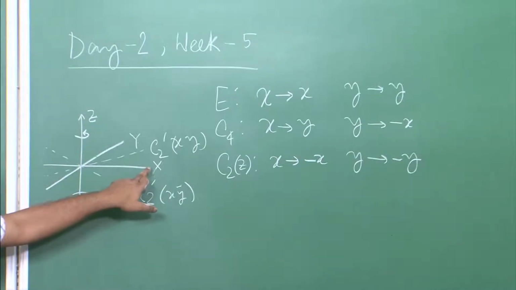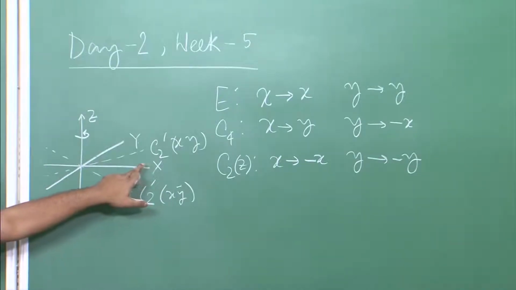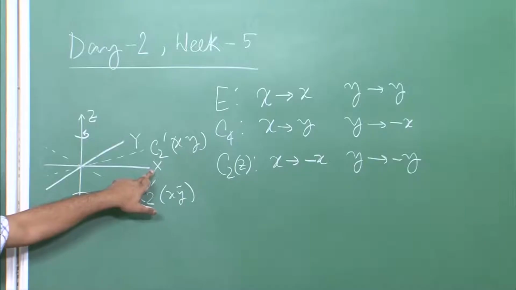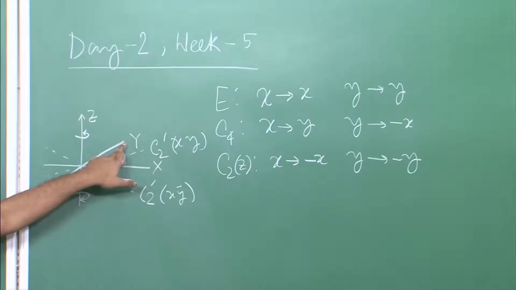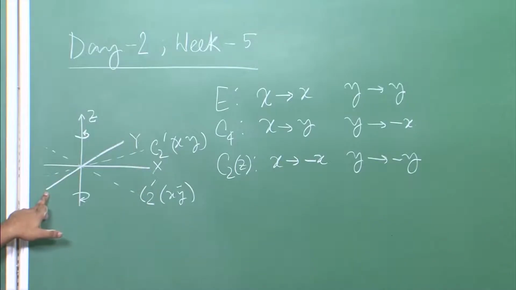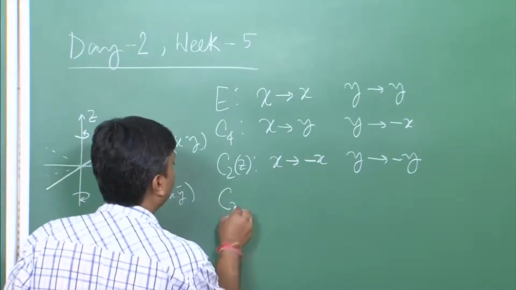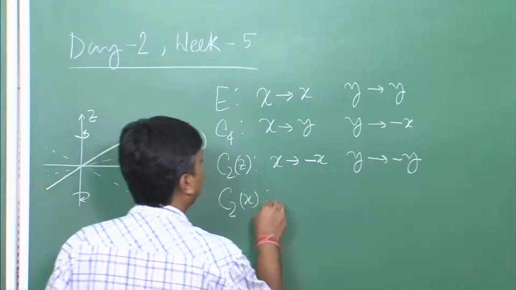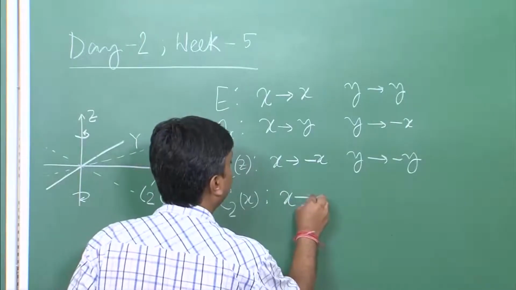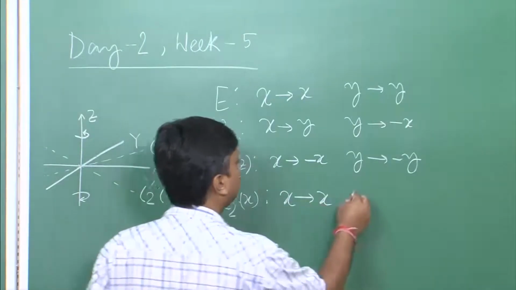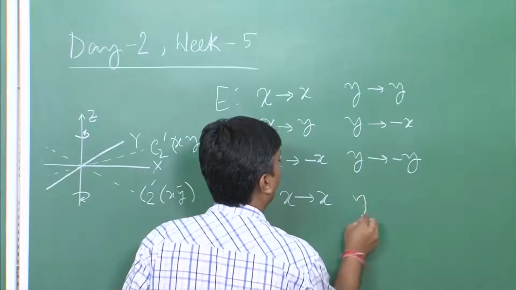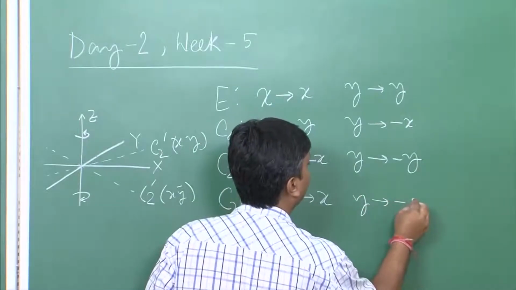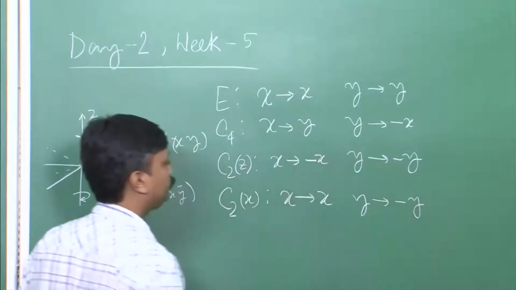Okay, so C2x will not change x, but it will change y to minus y. Okay, so C2x, it will change x to x, that means it will remain unchanged, and y will become minus y.